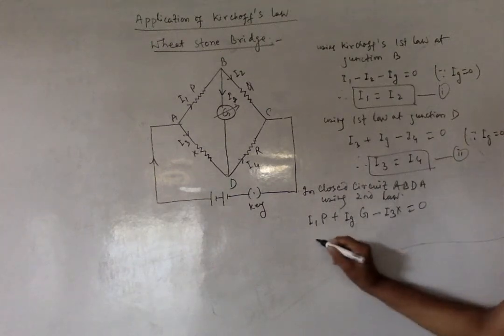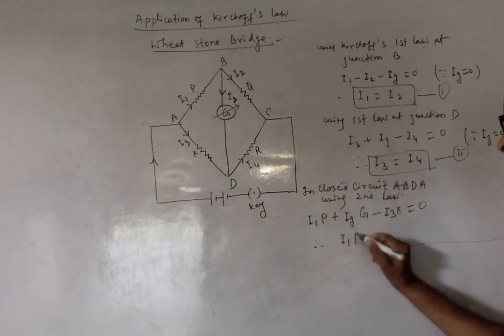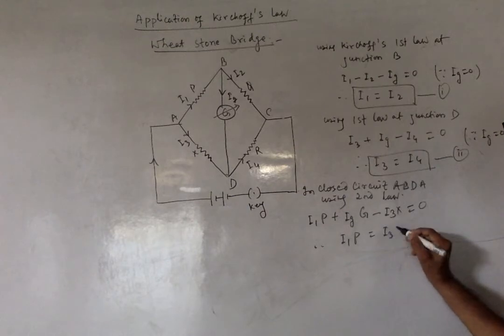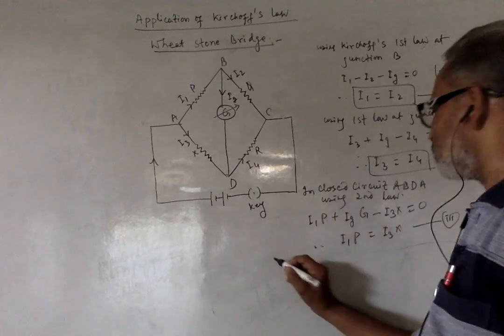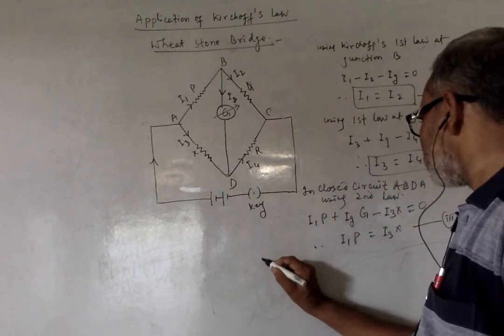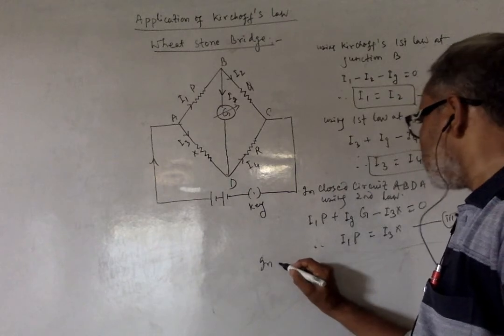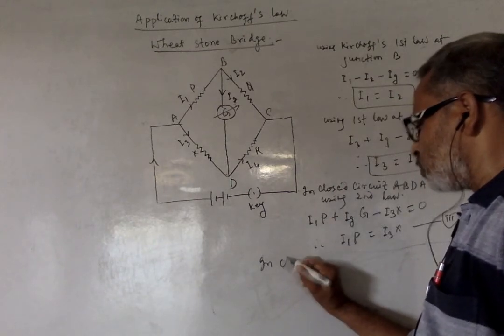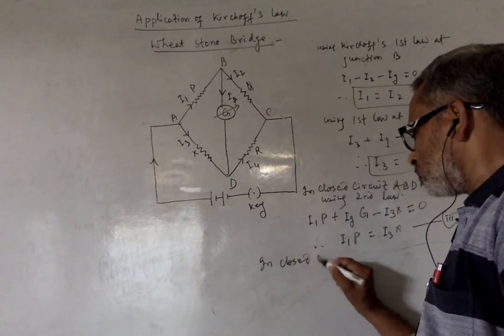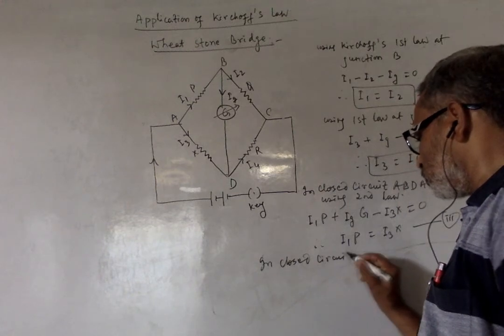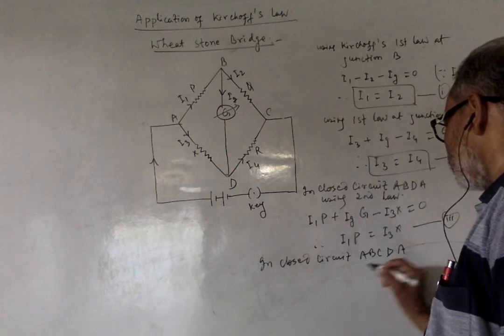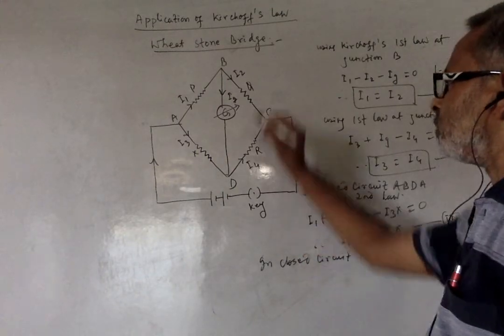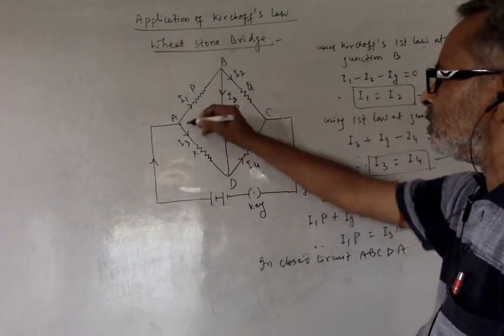But Ig equals 0, therefore I1P equals I3X. Equation third. Now using Kirchhoff's second law in closed circuit ABCDA.